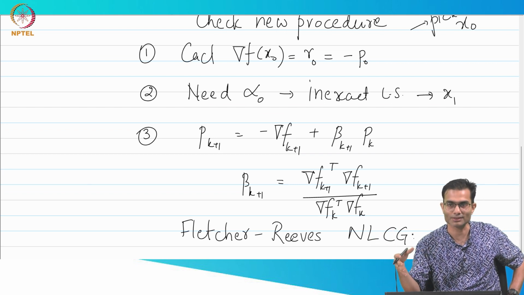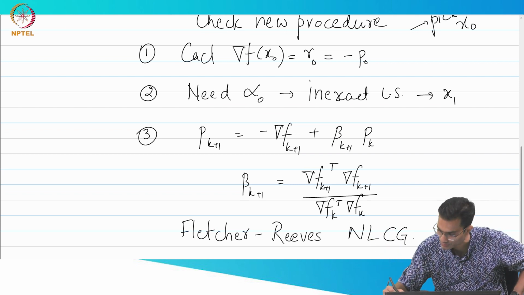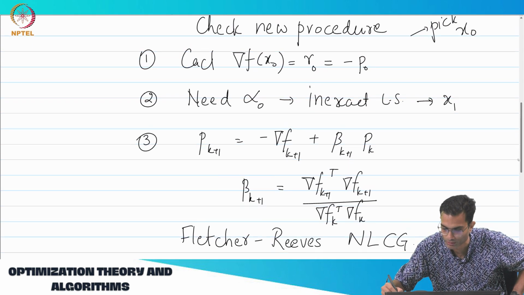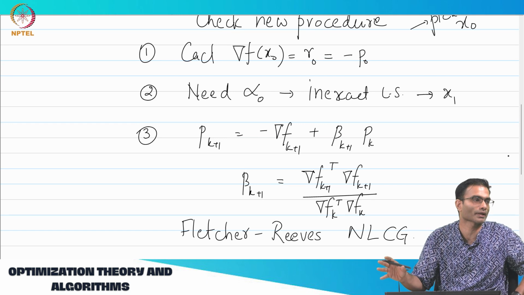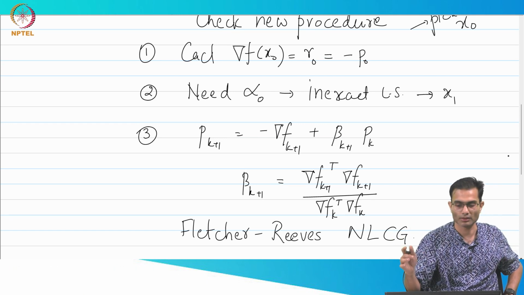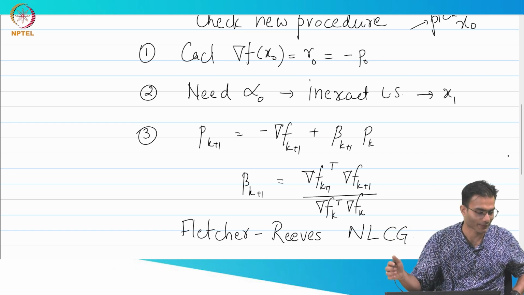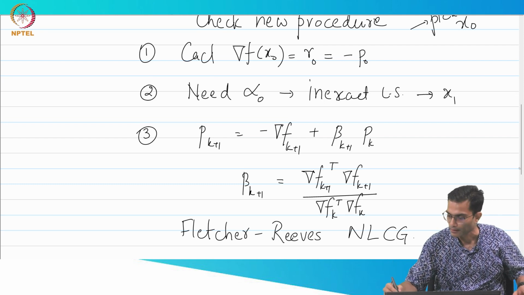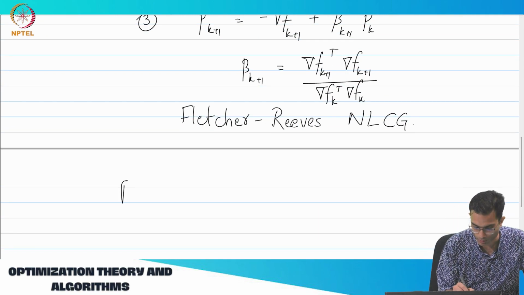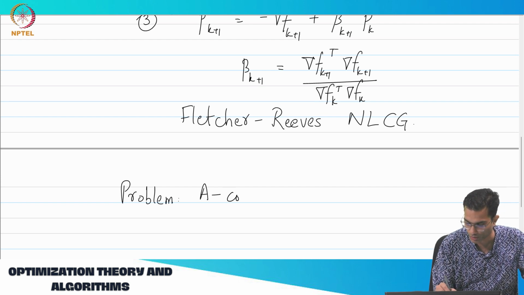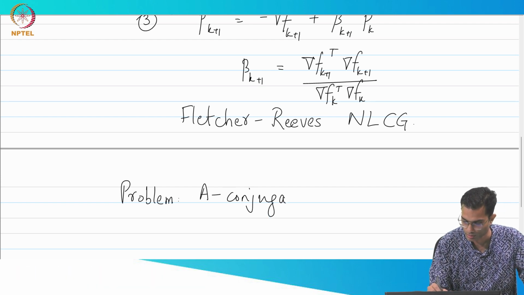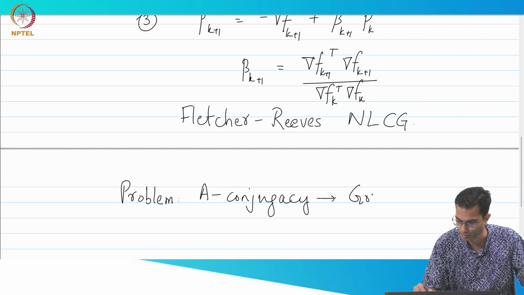So these are the things that we need to look at a little bit more. But is everyone clear on the minimum modifications? I just replace residual by grad, and the rest of the procedure goes along with the inexact line search. So the problem is, conjugacy is gone.